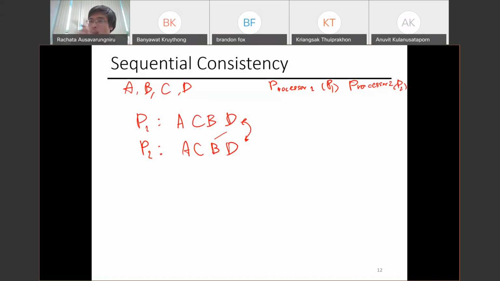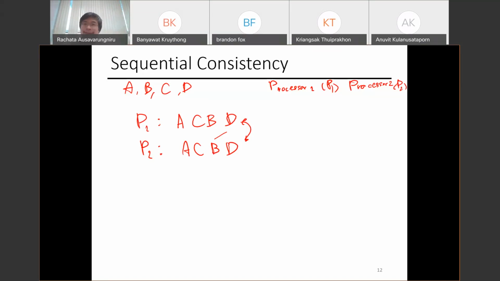Anyone here want to guess why they have to see the same sequence? Anyone want to type anything on the chat? Why both processors have to see the same sequence? Yes, well, consistency, because that's what we are learning.